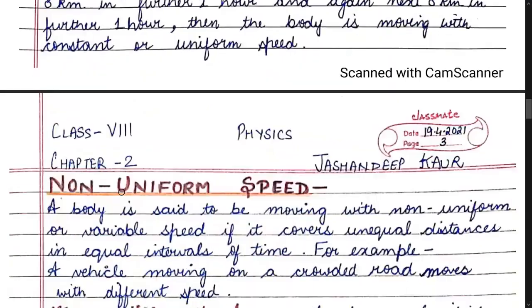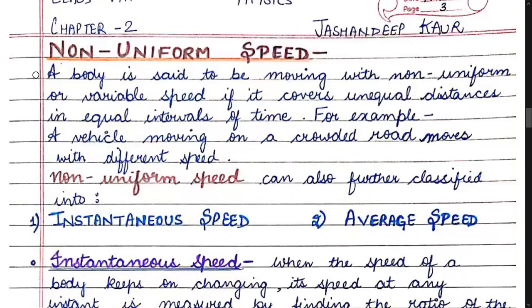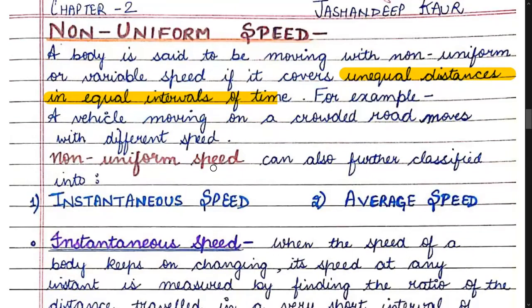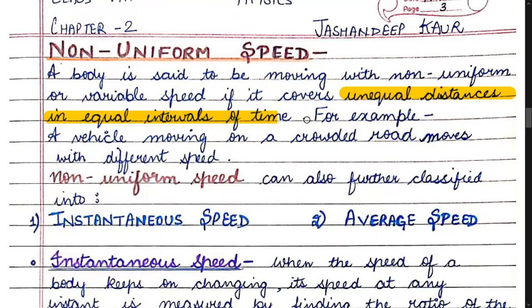So children, what is non-uniform speed? When the body is covering unequal distances in equal intervals of time. For example, a vehicle moving on a crowded road. If the road is crowded, you will move with different speed.